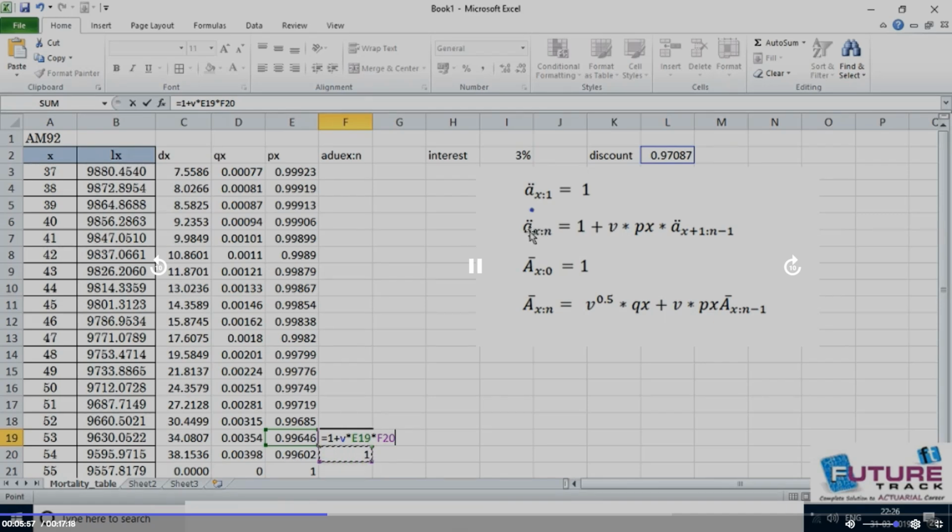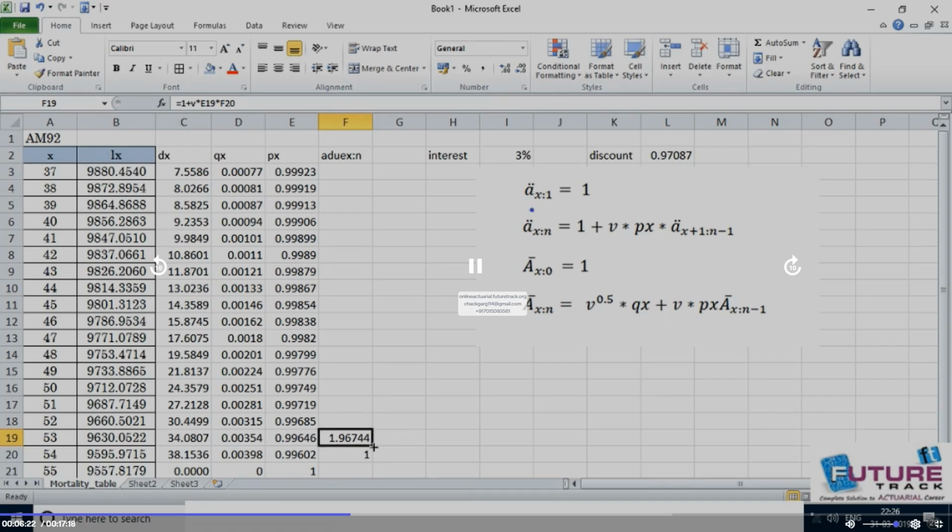You can say that A due 53.2 is 1 plus V into P53 into A due 54 1. So we have multiplied A due 52 with this, we get this and so on, and similarly we need 37 18 basically, just fine.